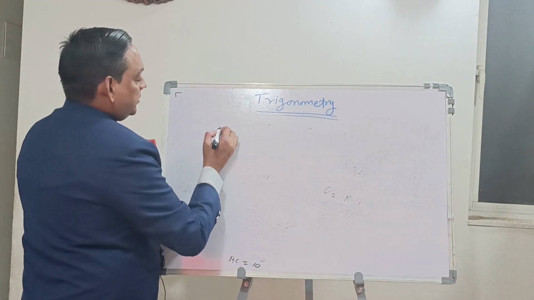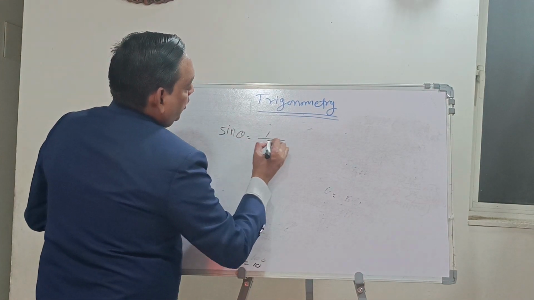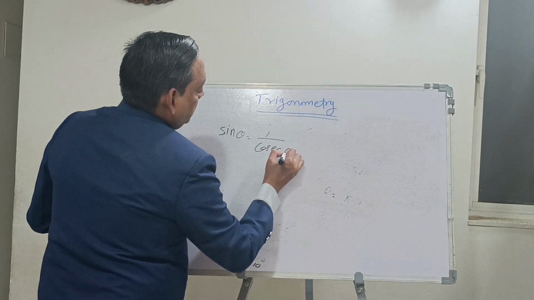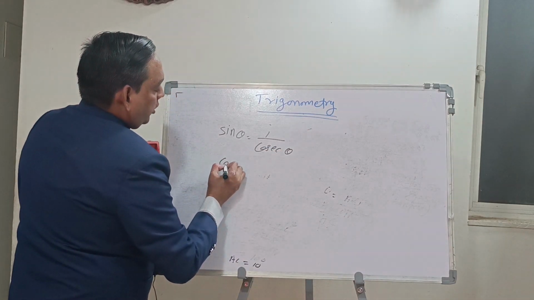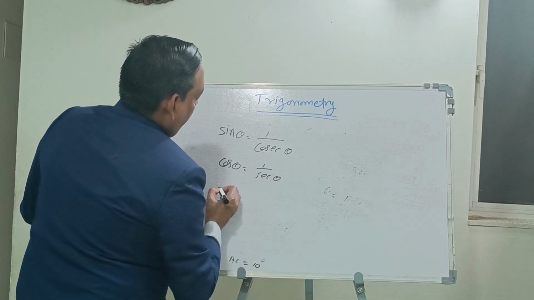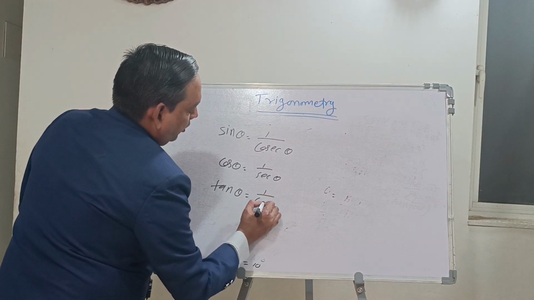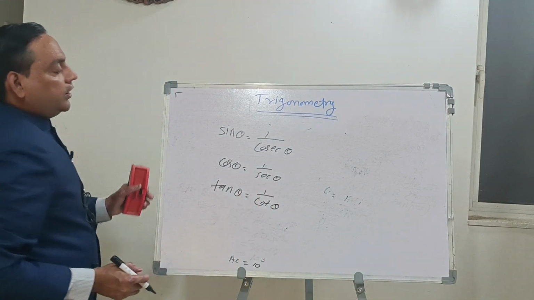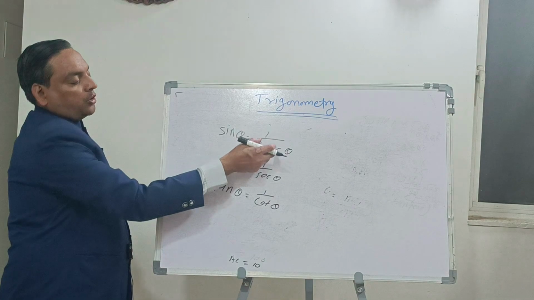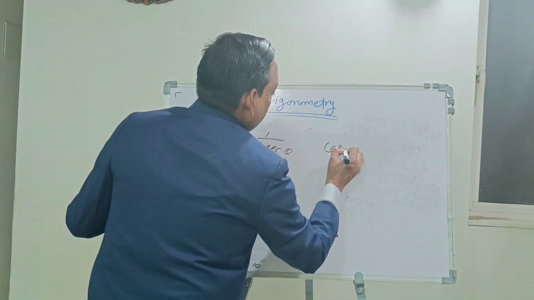Just write down this. Sine theta is equal to 1 upon cosec theta, and cos theta is equal to 1 upon sec theta, and tan theta is equal to 1 upon cot theta. Now if sine is 1 upon cosec, so what is cosec theta?